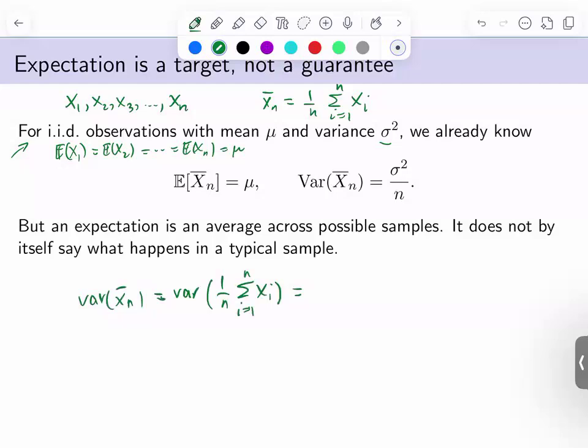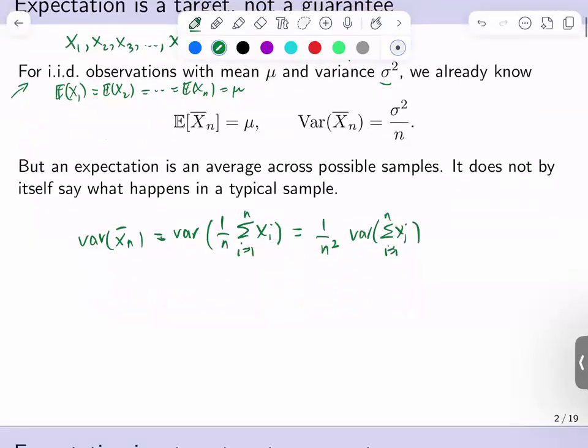Use the sample mean definition. Before I use independence, I pull out the 1 over n, and I get n squared in the denominator. Then I have the variance of the sum. I note that this in general is not equal to the sum of the variances, but in this case, because they're all independent, we can write it as the sum. Then what is the next step?